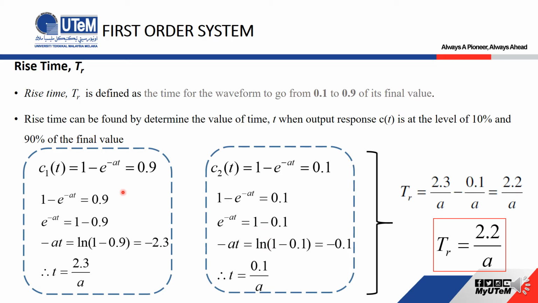Based on these two results, we obtain the formula Tr equals 2.3 over a minus 0.1 over a, which equals 2.2 over a. So this is the formula for finding the value of rise time.